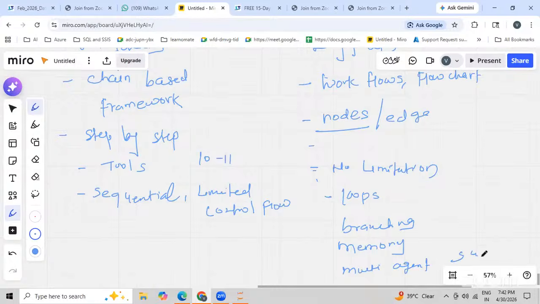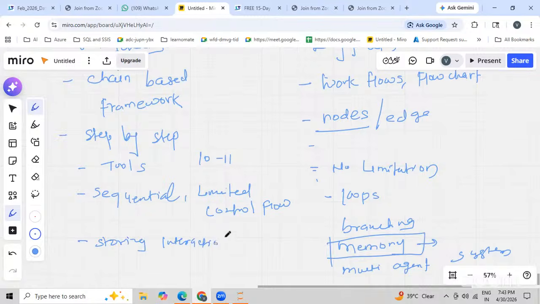If you remember, I covered memory thoroughly that day. In LangChain, they are not storing the interaction part, and this is the main problem for LLMs. But LangGraph has solved this memory issue.